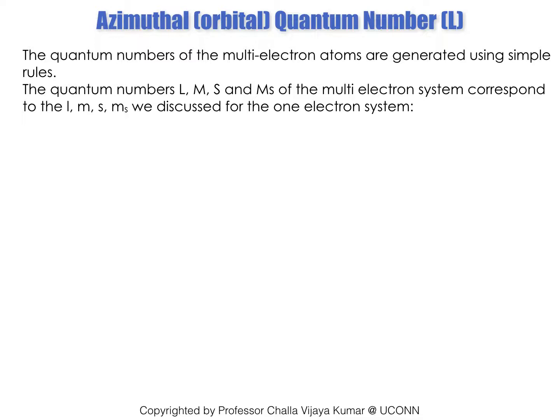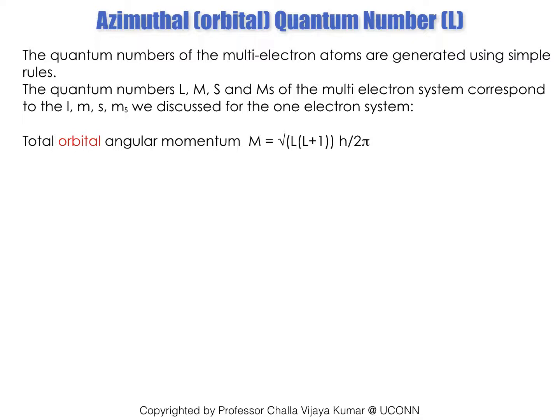These exactly correspond to the lowercase l, m, s, and ms for the one-electron system. The meaning is exactly the same in each of these cases. So there is a parallel, and this is something we need to recognize between the single-electron versus multi-electron systems. The total orbital angular momentum, so we want to pay very close attention to this.